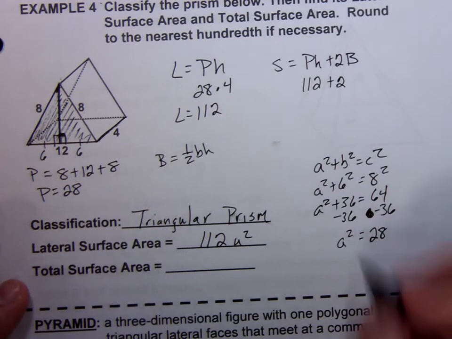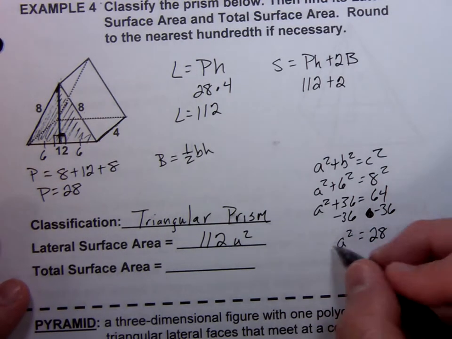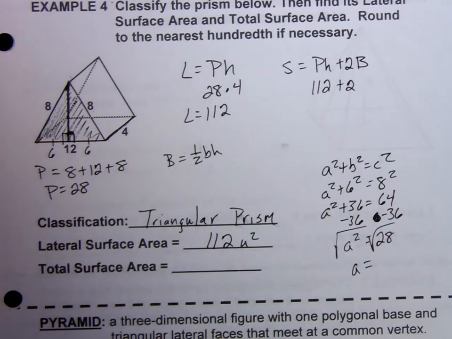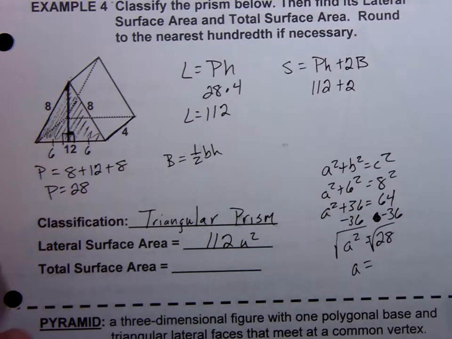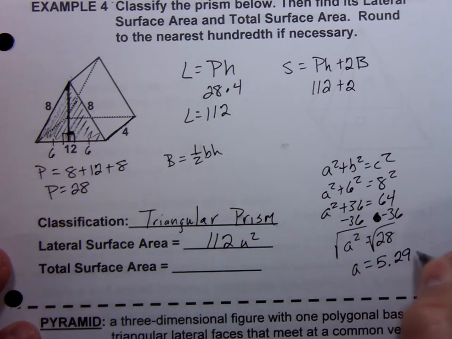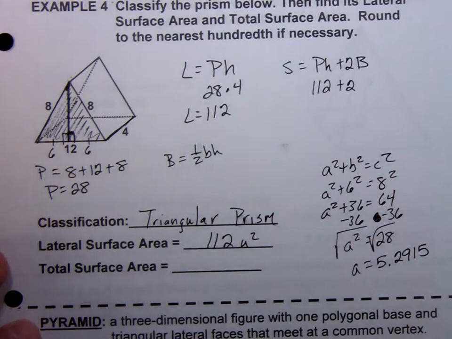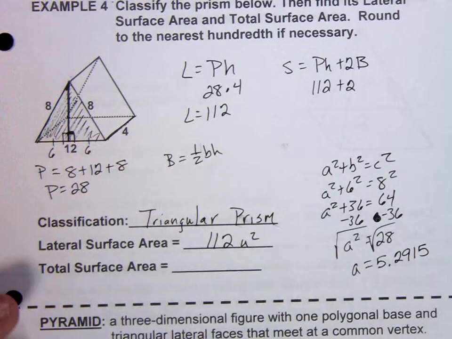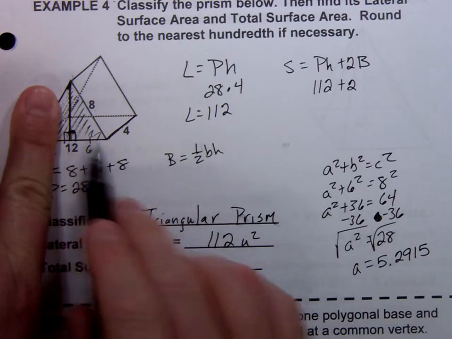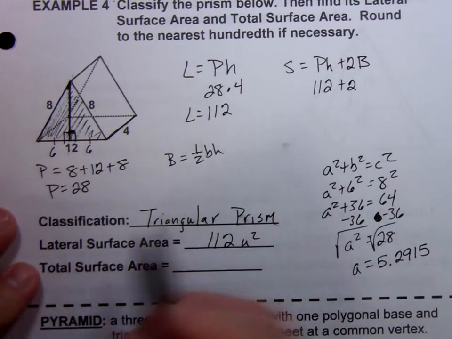And then we got to get rid of the squared. So again, opposite operation. And the opposite of squaring is taking the square root. All right, square root of 28 is approximately 5.2915, something like that. So let's say that is A, that was this side of the right triangle, which is our height. We needed that to find the area of this triangle.